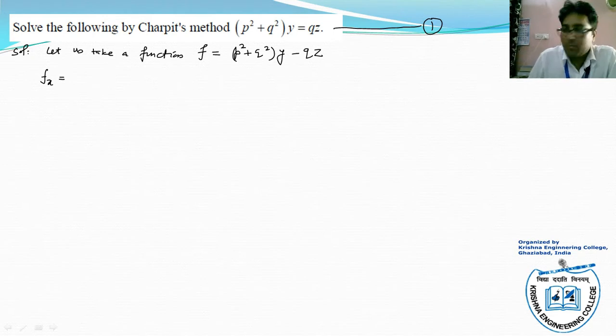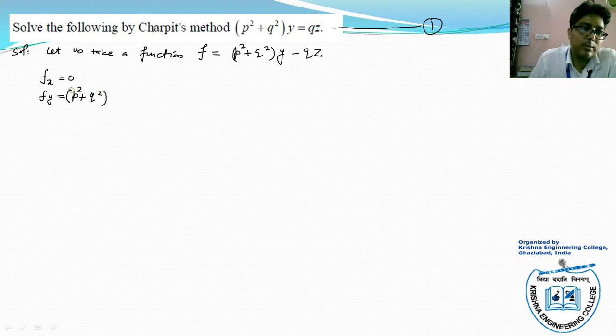There is no term of x, so this is 0. The partial derivative with respect to y is p squared plus q squared, and with respect to z it is minus q.